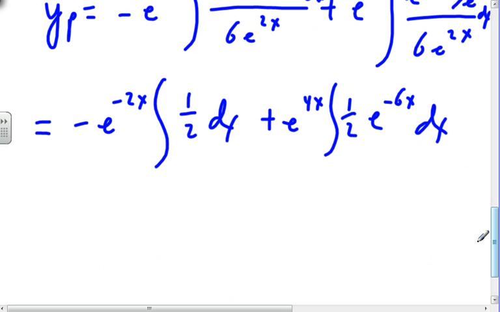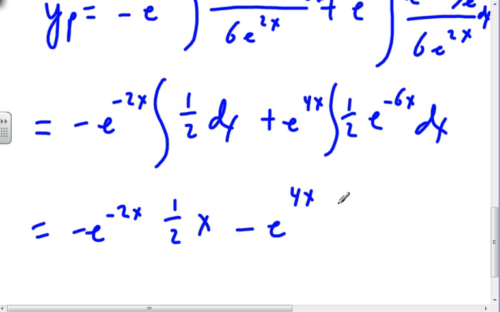Okay, so I'm there. I got minus e to the minus 2x times 1/2 x minus e to the 4x 1/12 e to the minus 6x. Oh, I hope I did that right.